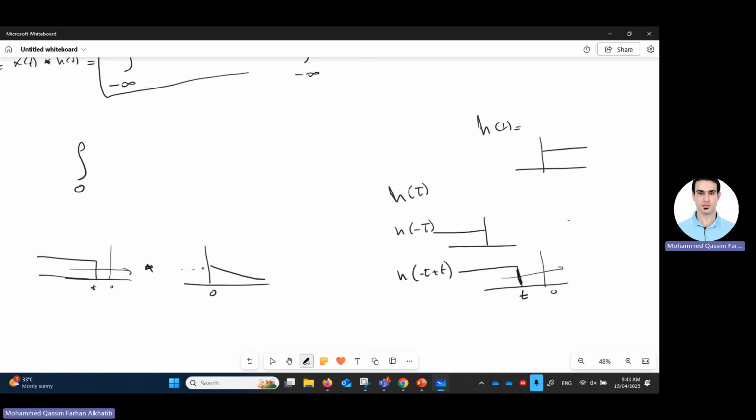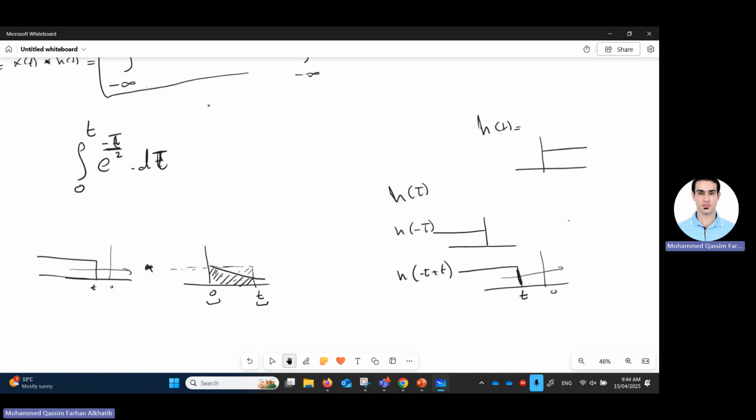Let's assume that the overlap kept happening at this point. Convolution is basically finding this integration, the multiplication of this and this. So what will be the other limit of the integration? I'm taking the integral from 0 to t. Now what are my functions? The unit step function is 1, and this is just e to the power negative tau over 2, d tau. And that's the integration that you need to finish.